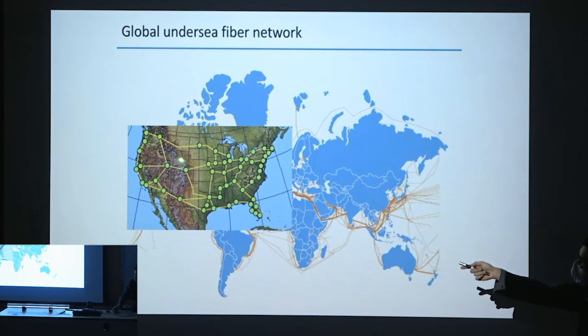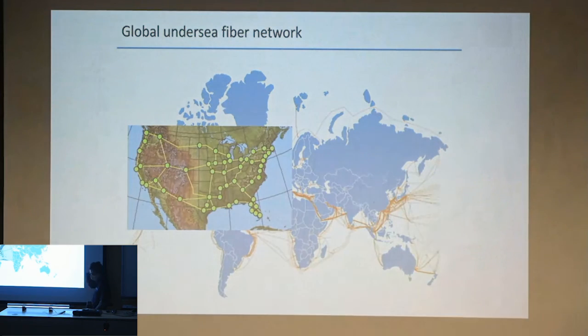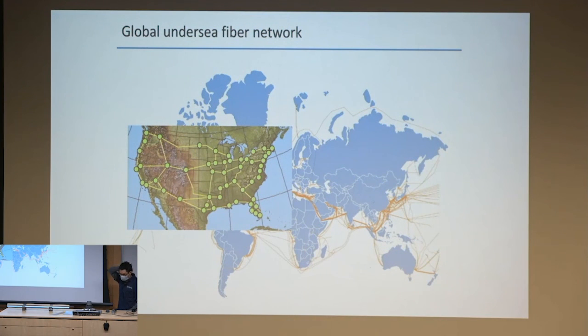In America, you can see a lot of nodes in different cities, because the light intensity goes down over every couple of kilometers, so we need to use amplifiers to increase the signal.